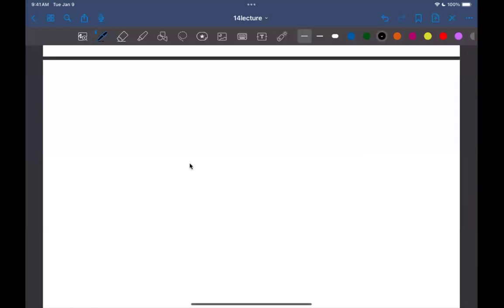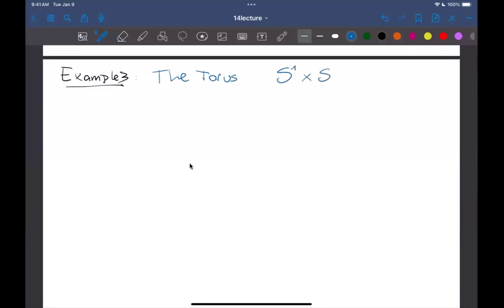Okay, last example for today, example 3. This is a great example. It's called the torus. So the torus, let me tell you what it is, and then I will show you a picture and hopefully convince you why these two things are the same, but we don't rely on pictures. So the torus is S1 cross S1.